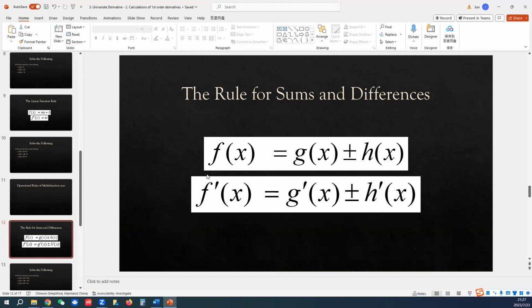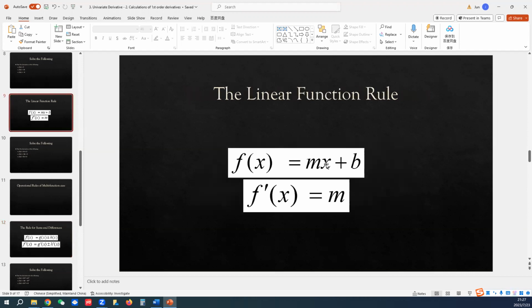Okay, so here I'd also like to further explain why, for this linear function rule, the result is this. In my illustration, I was previously focused on f(x) equals m times x, and I've shown pretty clearly in the previous slide that the derivative of the first part of this addition should be m, right? But you can also consider plus b, and here b is another function, which is a constant.